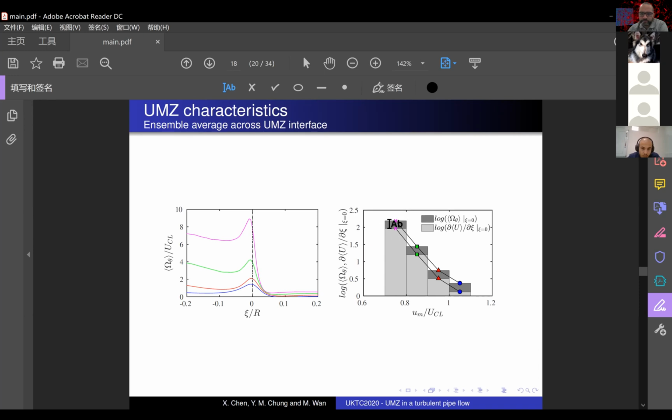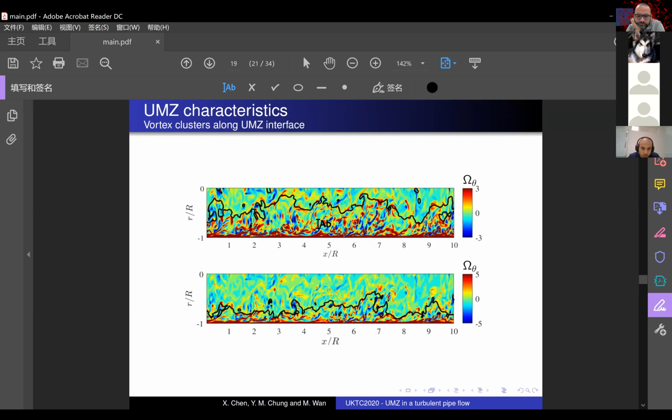So far we know that the zone interface is very contorted, and velocity gradients and azimuthal vorticity peak at the interface. We further look into the evolution of the interface with the change of local vortical structures. These two instantaneous interfaces are from the same snapshot, and the background contour of azimuthal vorticity is the same. The upper interface is at 90% of the centerline velocity, roughly in the middle between the wall and the centerline on average, and the lower one is at 80% of centerline velocity, a little closer to the wall.